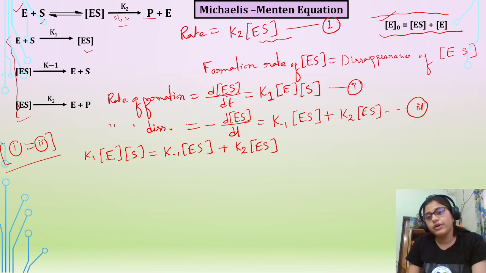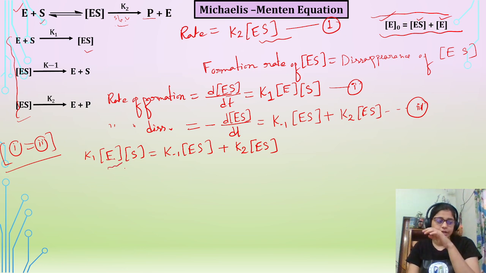So it will be equal to ES plus E, which means this much E has reacted and formed the ES complex, and this much E is left. Obviously, this will be equal to this. Now we have to put this E value here.